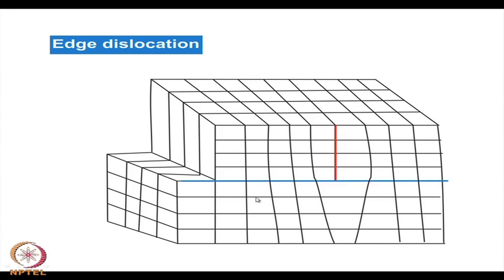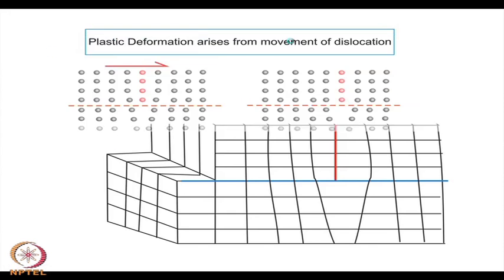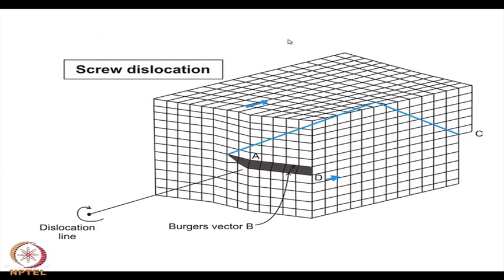So, the movement is taking place in this direction from left to right, and the dislocation boundary is from the front to the back. In the first case the dislocation line is perpendicular to the application of the stress, whereas in the second case the dislocation line is parallel to the direction of the application of stress.